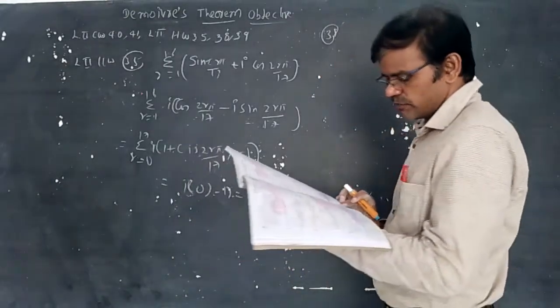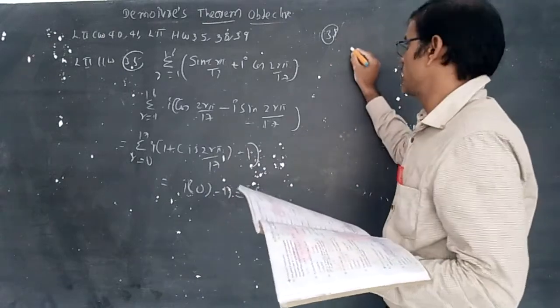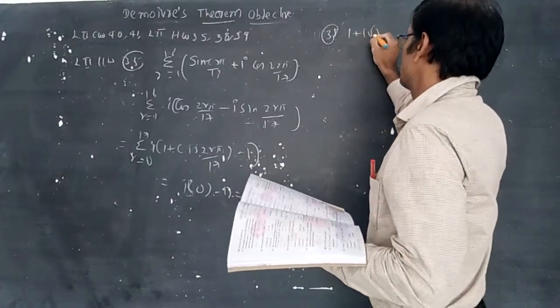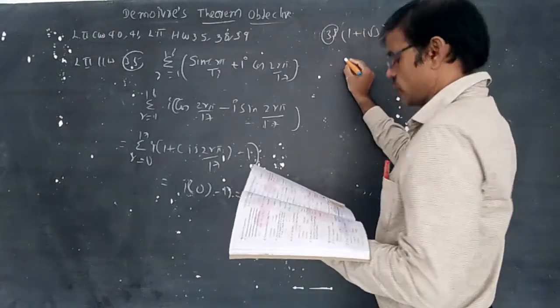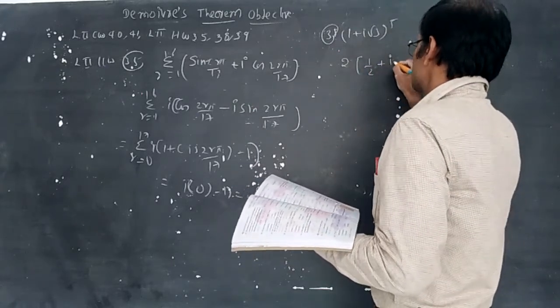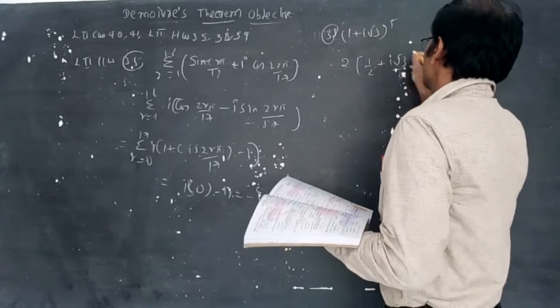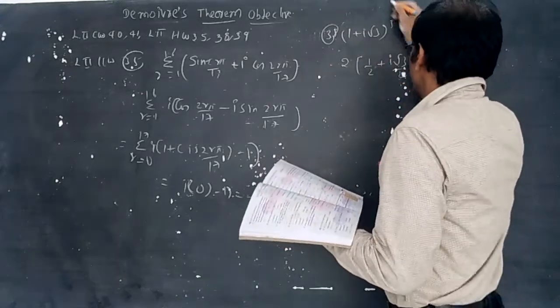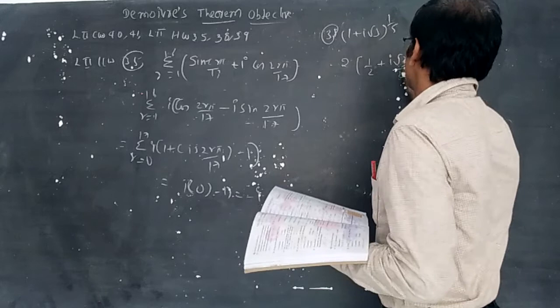38th question: the common difference of the arguments of (1 plus i root 3) to the power 1/5. Multiply here: 2 into (1/2 plus i root 3/2) whole power 1/5.